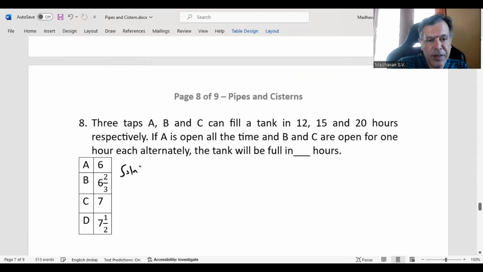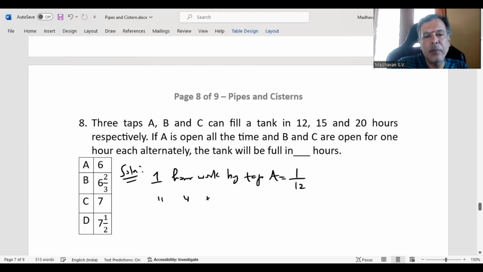From the information provided about A, B, C, we can say 1 hour work by tap A is 1 by 12. 1 hour work by tap B is 1 by 15. 1 hour work by tap C is 1 by 20.